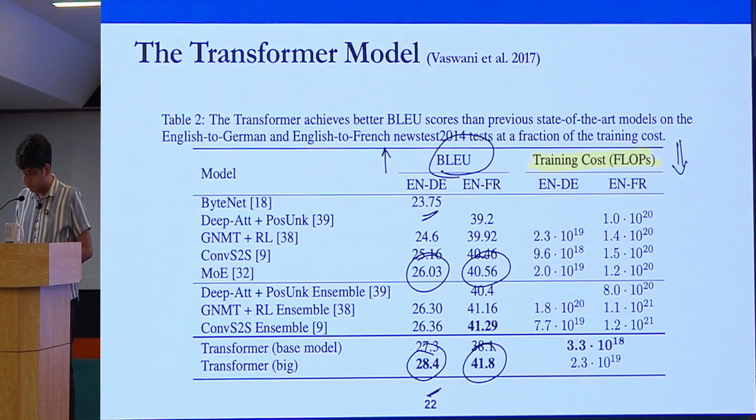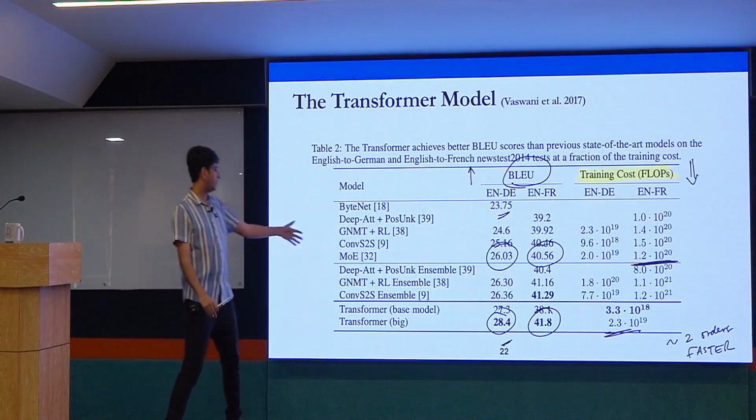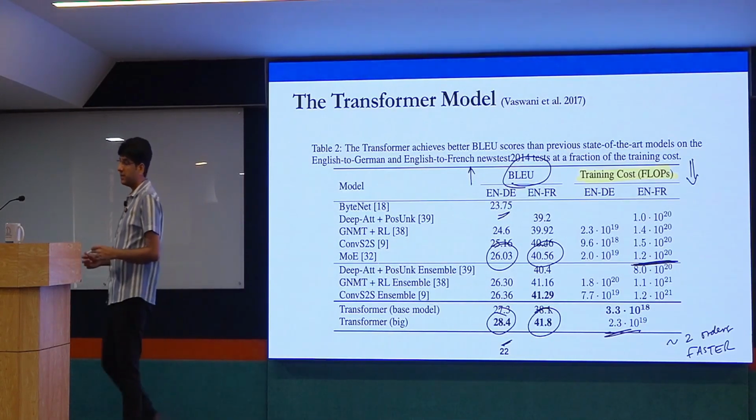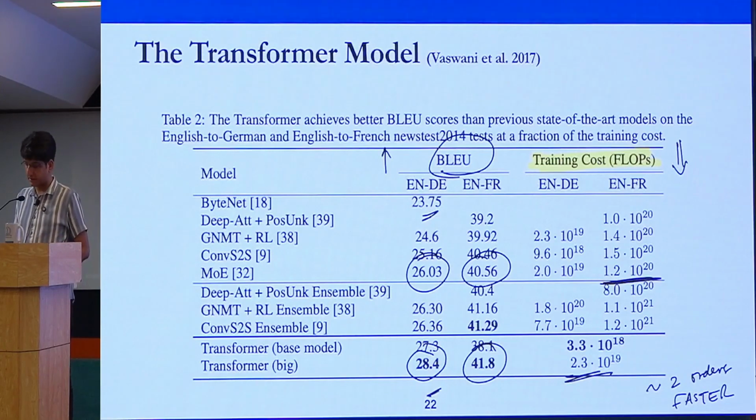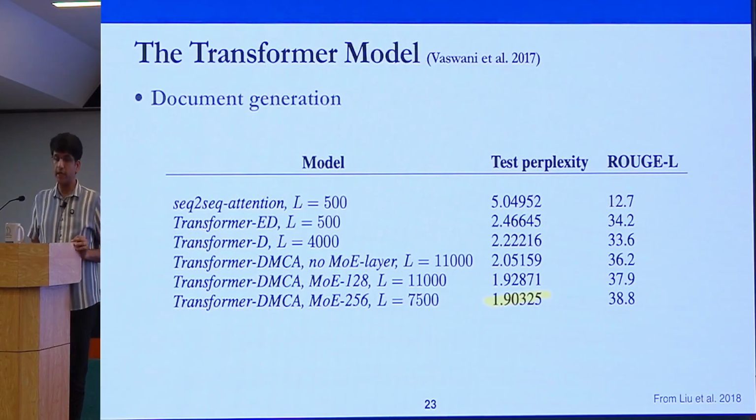This value has been reduced almost by 2 orders of magnitude, compared to RNN-based or convolutional architectures. The biggest difference is that it can be parallelized. Similarly, for document generation, perplexity is better, but the biggest advantage is time. You can train a lot more in the same compute budget.